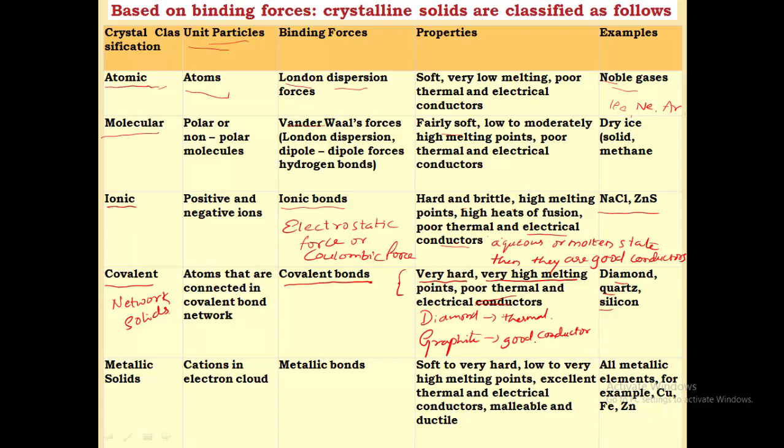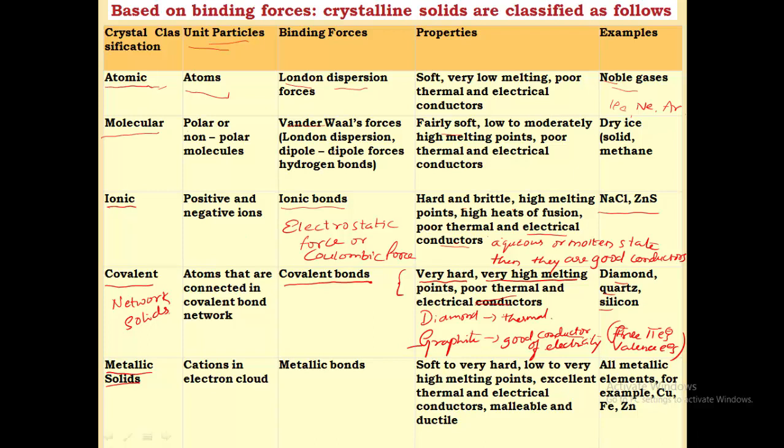You know the reason, because it consists of free pi electrons or valence electrons. Due to the presence of free pi electrons or free valence electrons, graphite is a good conductor of electricity.